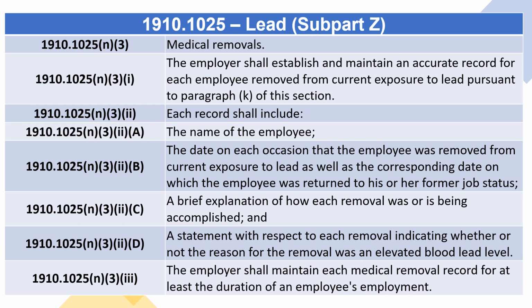Each record shall include (A) through (D): The name of the employee, the date on each occasion that the employee was removed from current exposure to lead as well as the corresponding date on which the employee was returned to his or her former job status, a brief explanation of how each removal was or is being accomplished, and a statement with respect to each removal indicating whether or not the reason for the removal was an elevated blood lead level. 1910.1025 (n)(3)(iii). The employer shall maintain each medical removal record for at least the duration of an employee's employment.